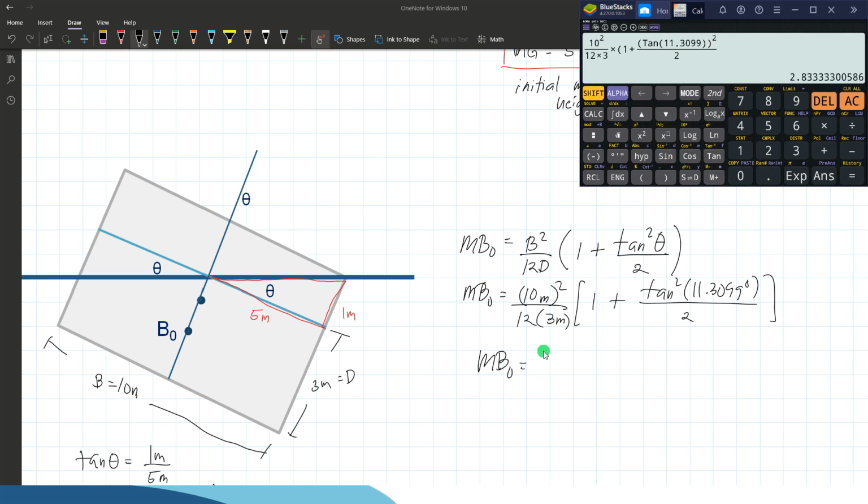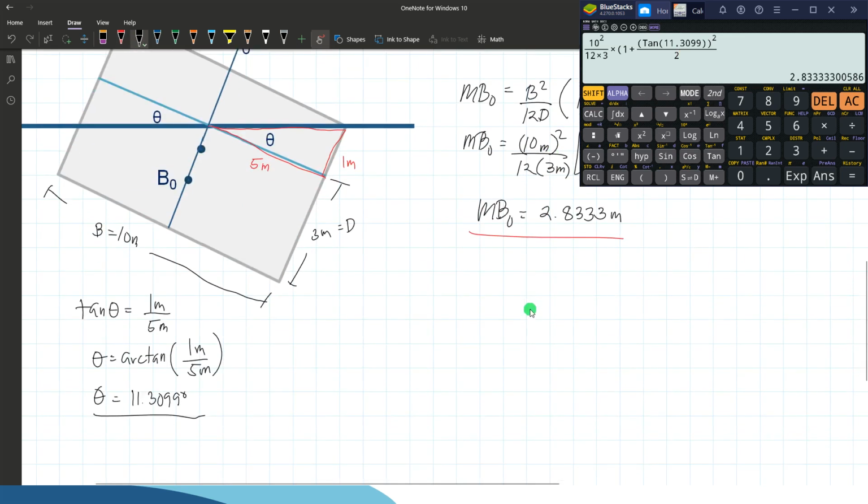Okay, that's 2.8333 meters. So we have now MBO.